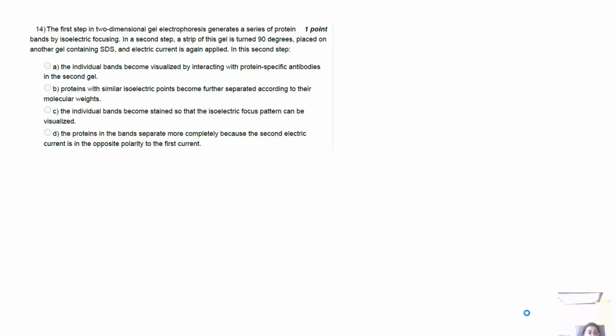Option B, proteins with similar isoelectric points become further separated according to their molecular weights. Option C, the individual bands become stained so that the isoelectric focus pattern can be visualized. Option D, the proteins in the bands separate more completely because the second electric current is in the opposite polarity to the first current. I'll give you a few minutes to come up with the answer, then we'll discuss.